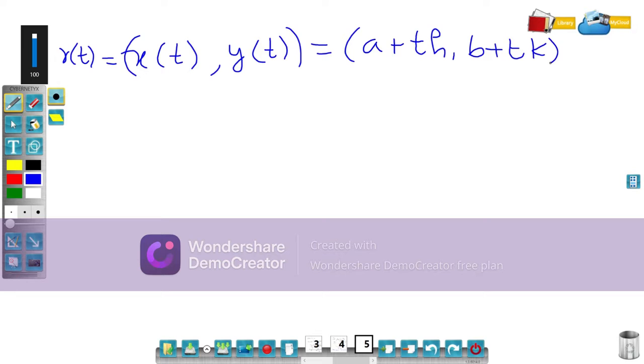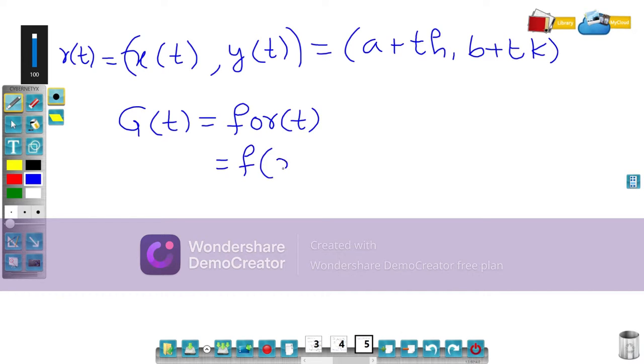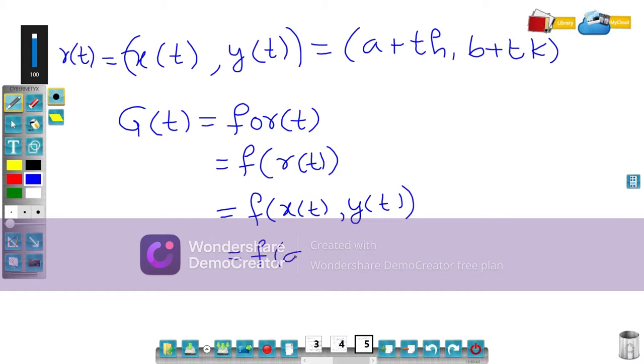The similar kind of transformation we have even taken for the chain rule also. Okay, so g of t is equal to f of r of t, which is equal to f of (x of t, y of t), which is the same as f of (a plus th, b plus tk). Right. So this is how my g of t looks.